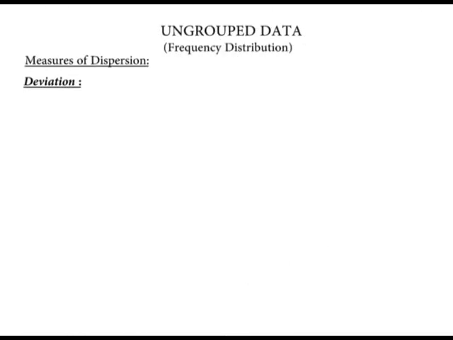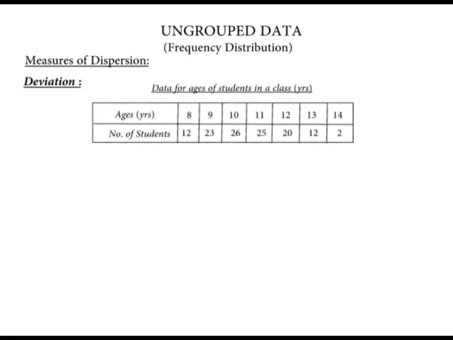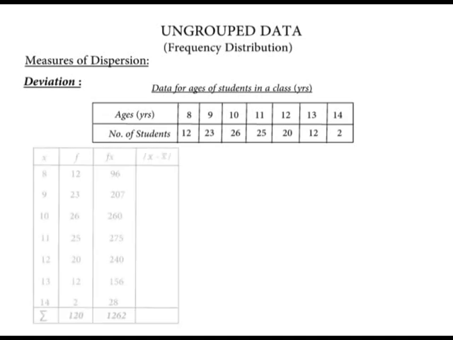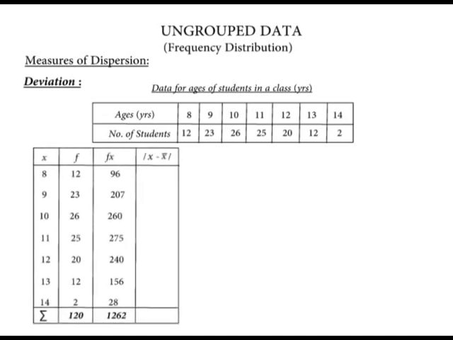What if it's a frequency distribution, like the one we had before? First, we find the mean. Mean is given by summation of fx over the summation of frequency. That was 1262 over 120, which gave us 10.5. Now we calculate the absolute deviations, x minus x bar.